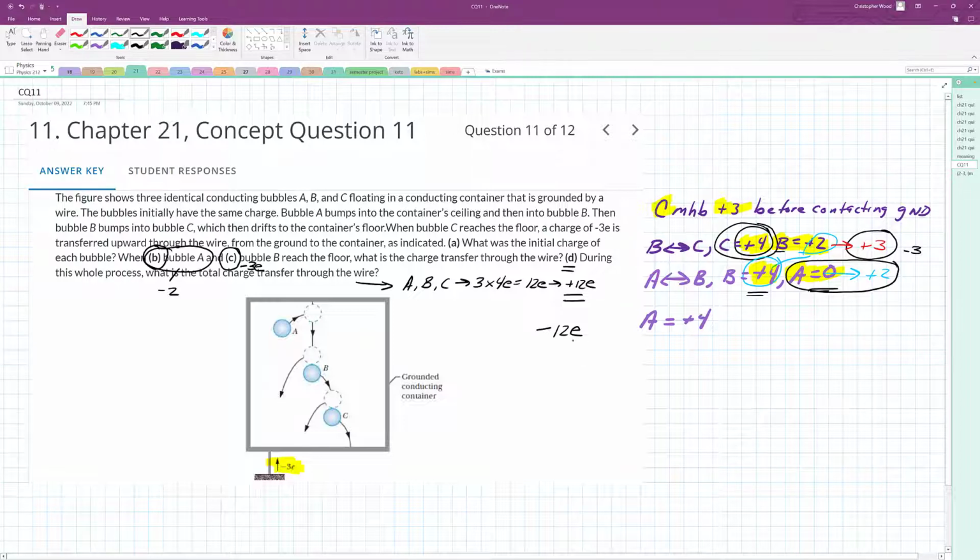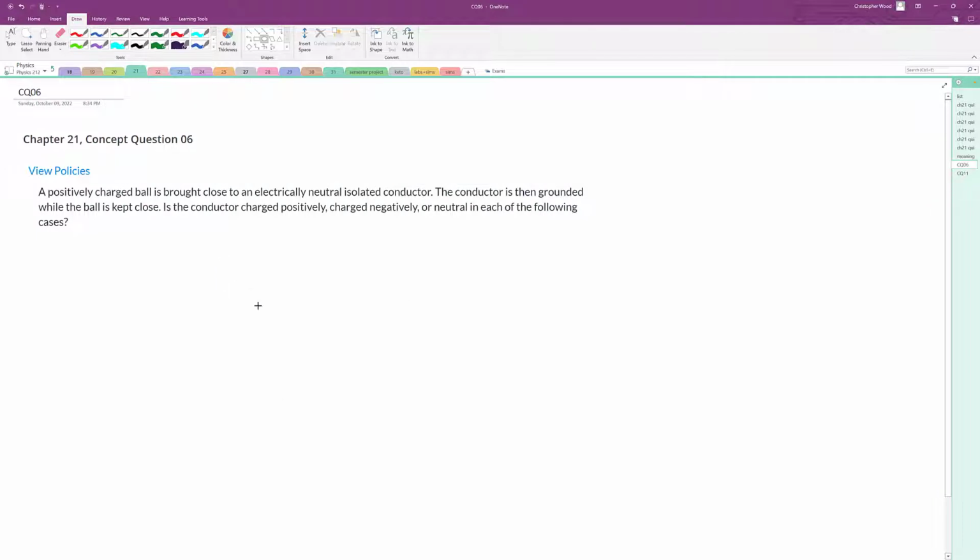because that's, again, what grounding does. Okay, I have a positively charged ball. Let me indicate a bunch of little positive charges. This positive ball is brought close to an electrically neutral isolated conductor. Here is my electrically neutral isolated conductor.